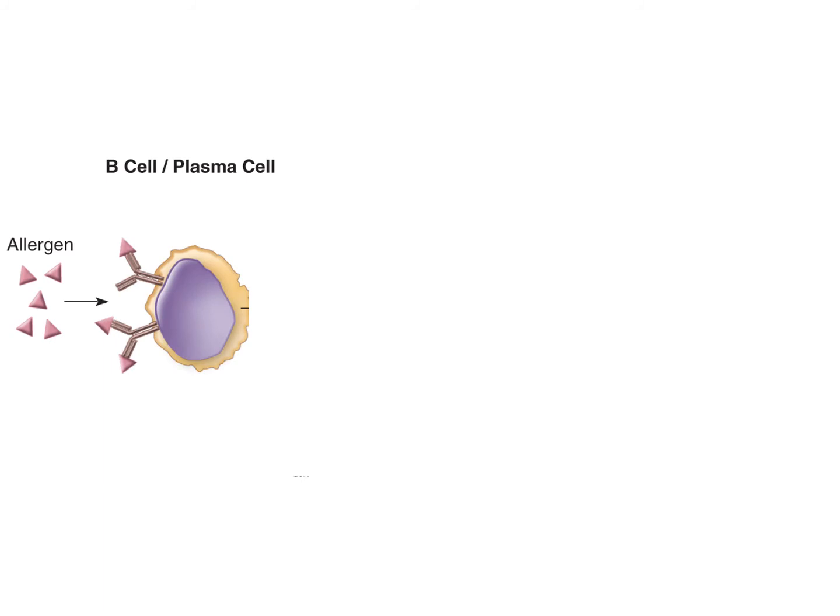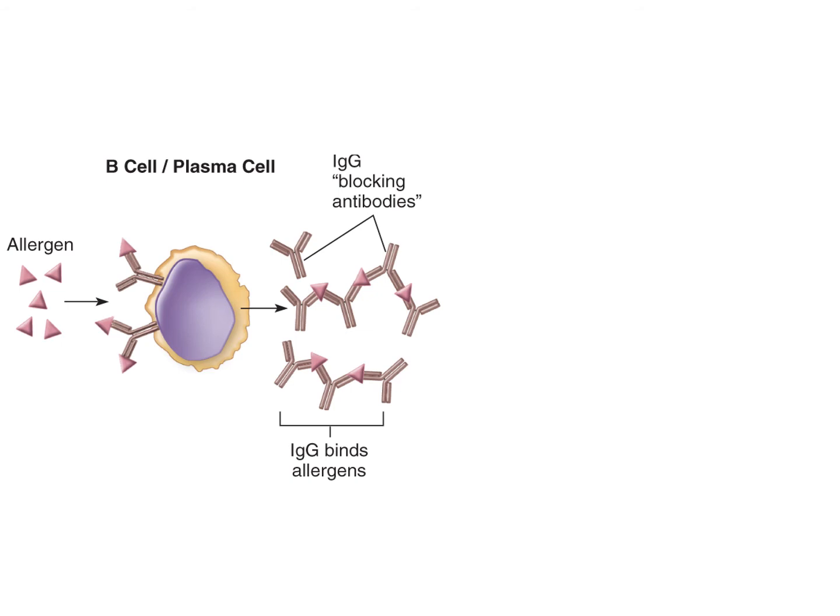One way to reduce a person's allergic response to an allergen is by desensitization. The process of desensitization is to expose an individual to small amounts of the allergen in hopes that it will stimulate the B cells to produce IgG antibodies.